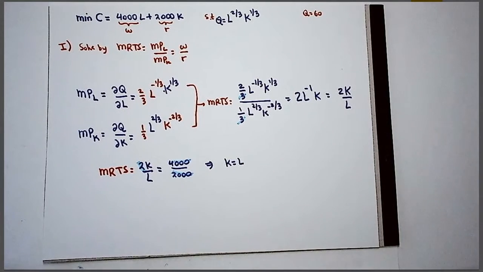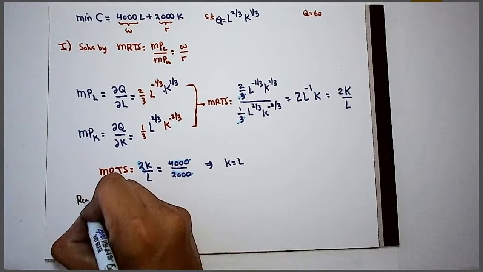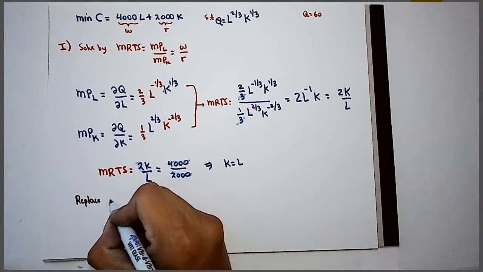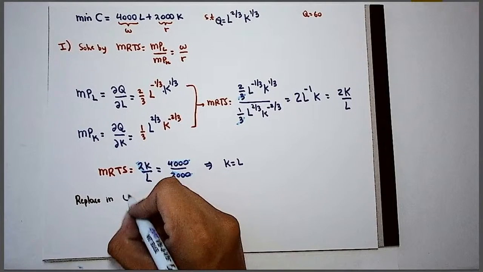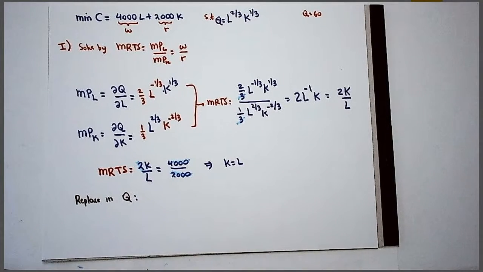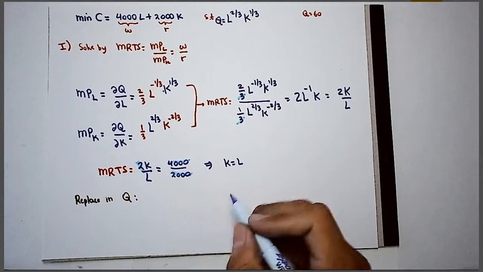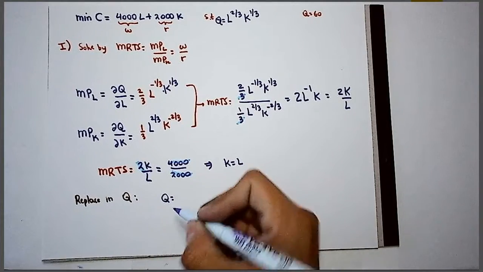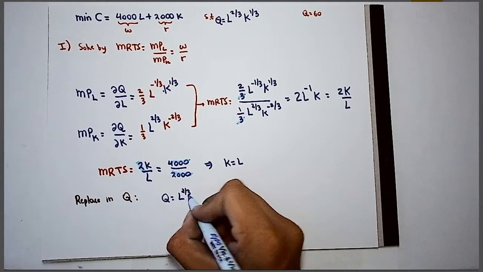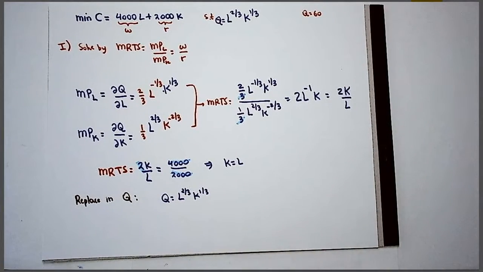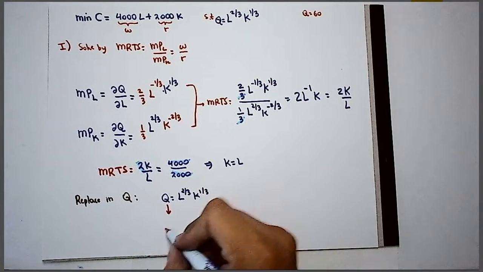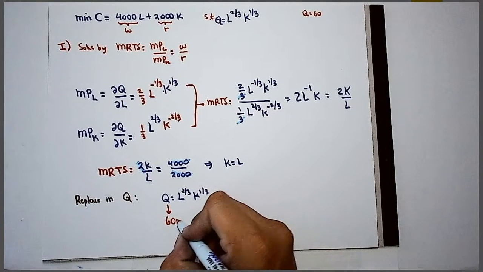And we'll replace that relationship in the production function. So we had here Q equals L to the 2/3 K to the 1/3. But remember that we already have a target. The target was 60.